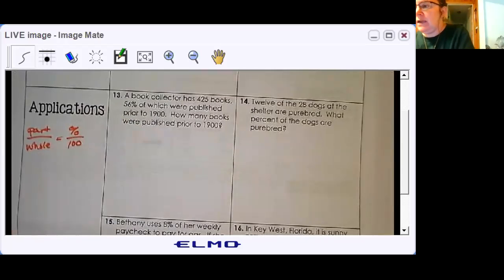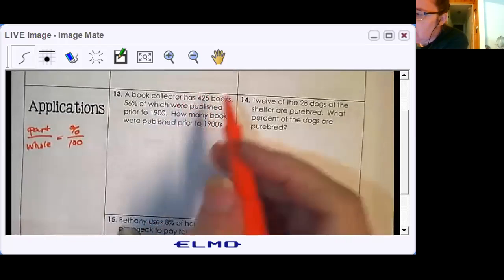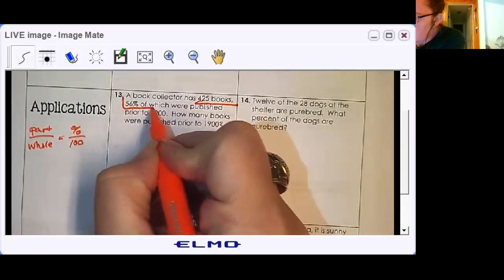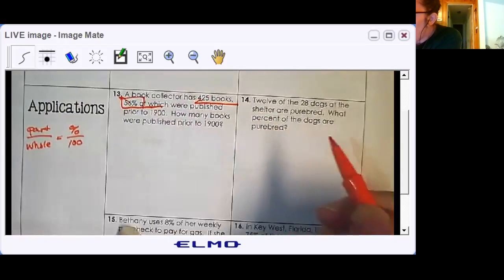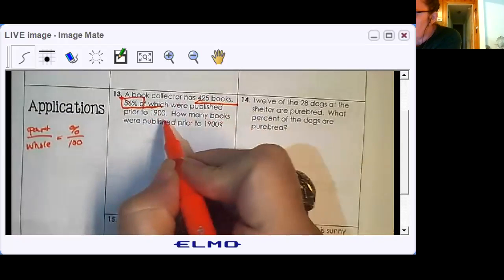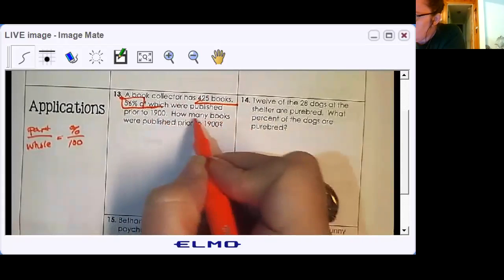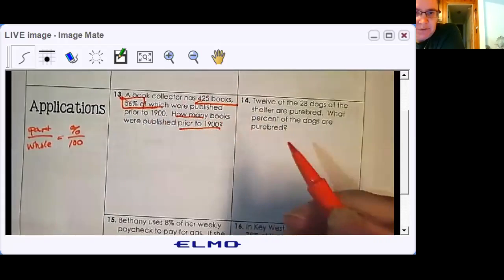Now that I know that, I need to look at the problem itself. It says a book collector has 425 books, 56% of which were published prior to 1900. How many books were published prior to 1900?